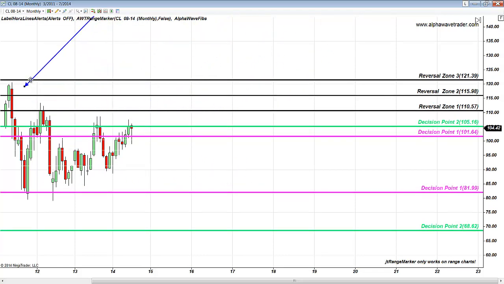But what I wanted to highlight to you on this oil monthly is the importance of the level. Reversal zone, you short if you know the critical 4 rules. The end of the minor trend, decision point 1, you look to go long. Again, short on oil from the reversal zone, reminding you don't buy anywhere near. Weak sellers confirmed how important the end of the minor trend is.